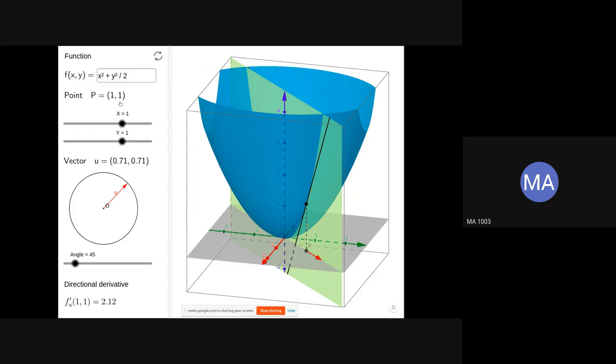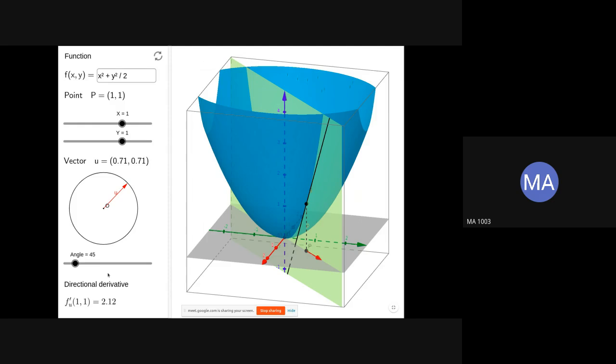And the point I have fixed is 1, 1. Any vector I have chosen, suppose it is 0.71, 0.71. This is basically the vector which is making an angle of 45 degrees with the x-axis. So you will do the calculation and get a directional derivative, correct?